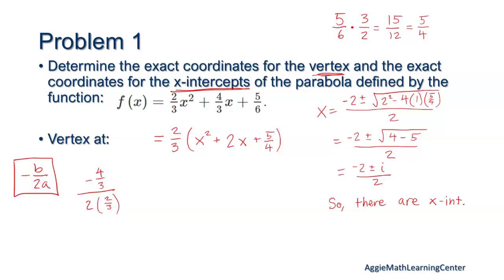This is where a lot of mistakes come, I feel like. 2 times 2/3 is 4/3. And now we've got -4/3 divided by 4/3. So one thing divided by the exact same thing, but a negative, is just going to be -1, right? Because you can just take that negative out.